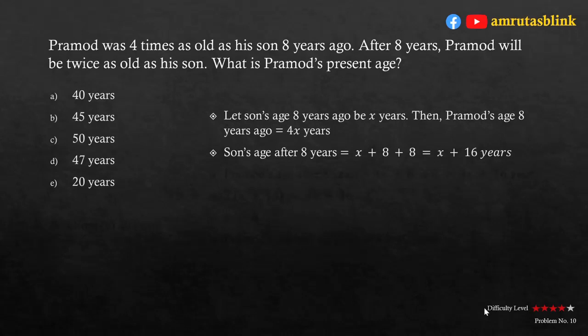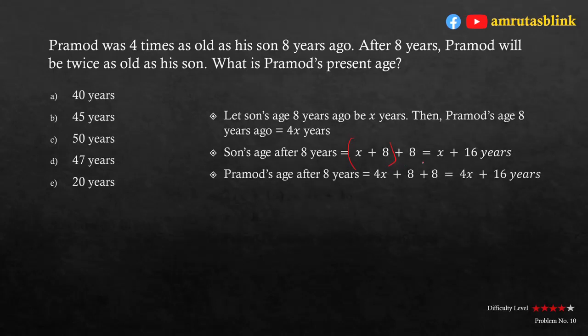Now it is given that after 8 years Pramod will be twice as old as his son. So after 8 years, what will be the age of his son? His son's current age is x plus 8, and plus 8 more. So after 8 years his age will be x plus 8 plus 8, that is x plus 16.